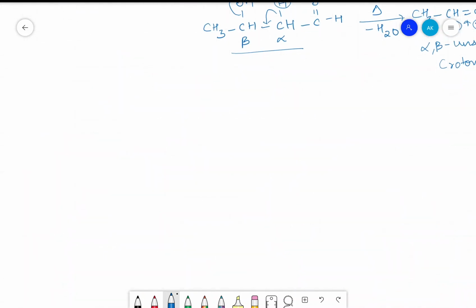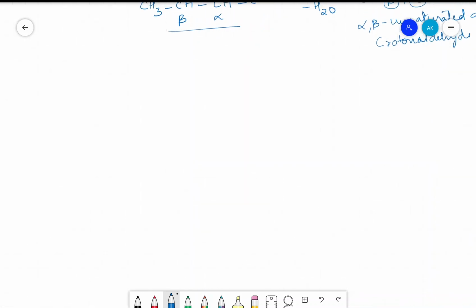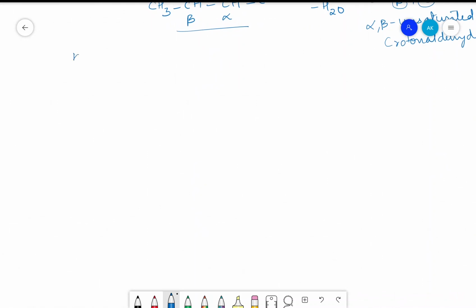We have discussed one scenario where two aldehydes combine to form an aldol which contains an aldehyde and an alcohol. Similarly, ketones containing alpha hydrogen also undergo aldol condensation, but the product is not an aldol, it is called a ketol. Now you know KET stands for ketone group and OL stands for alcohol group.